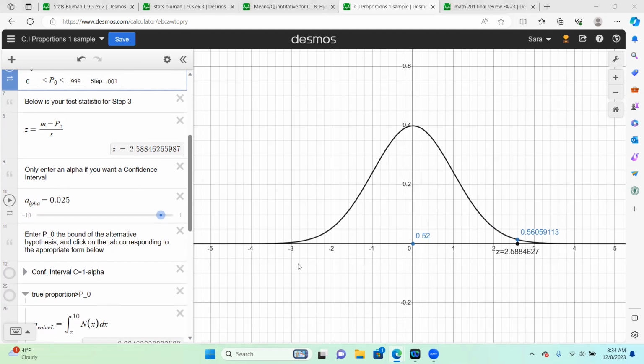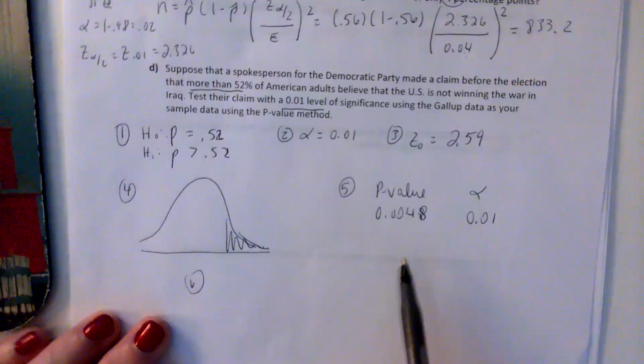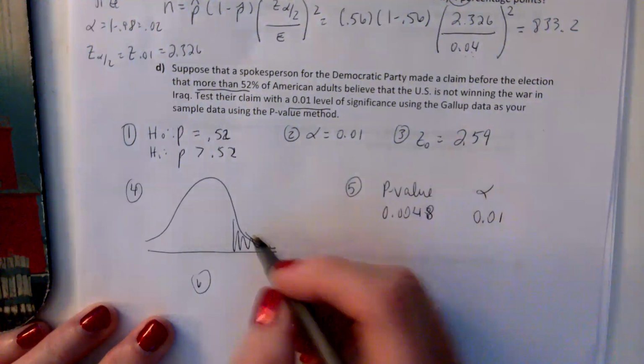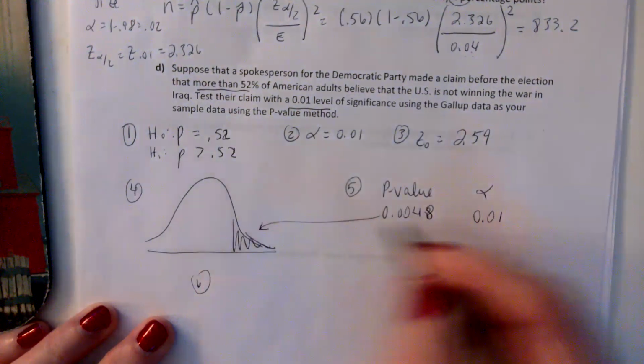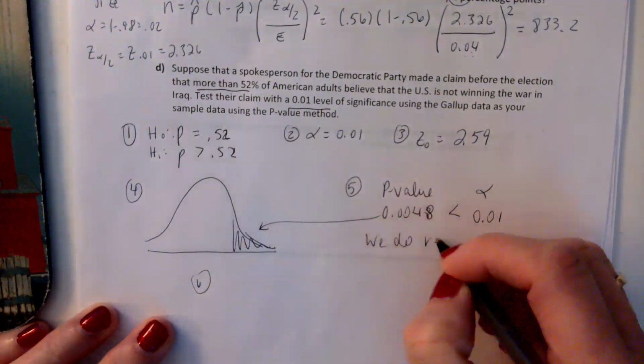And so if I go back to my paper, my test statistic is pretty far out and my p-value is right here and my p-value is less than alpha. So we do reject H0.